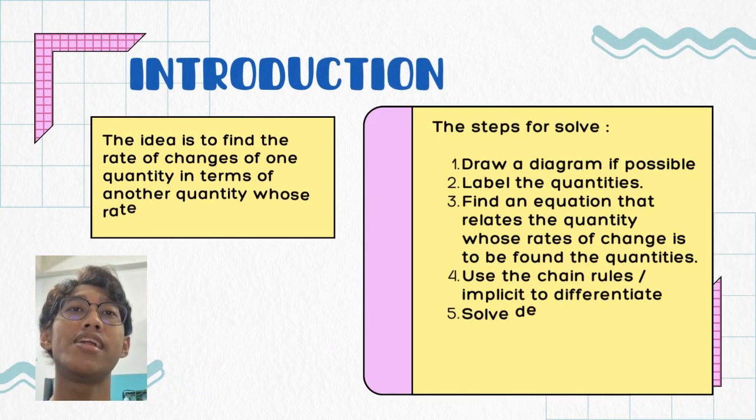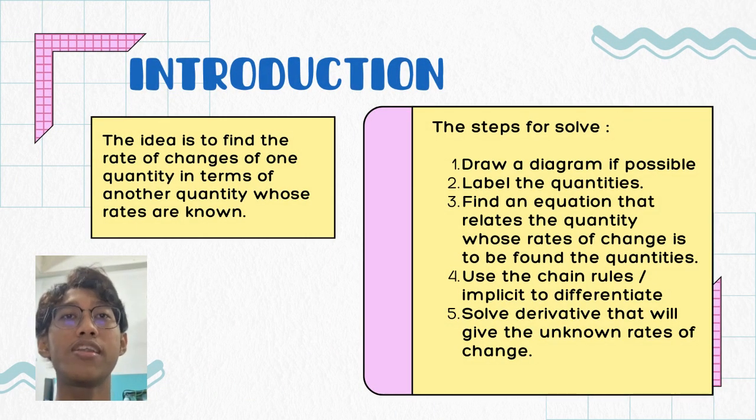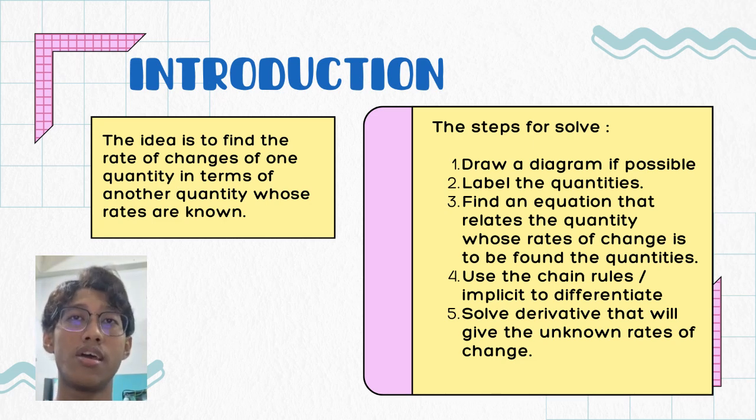Introduction. The idea is to find the rate of change of one quantity in terms of another quantity whose rates are known. The steps to solve: First, draw a diagram if possible. Second, label the quantities.